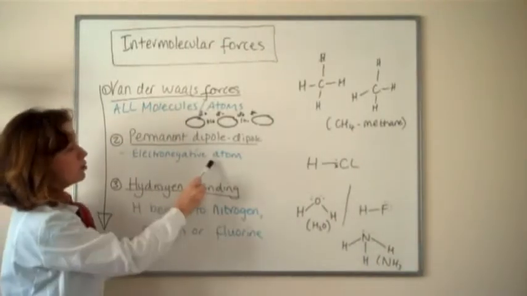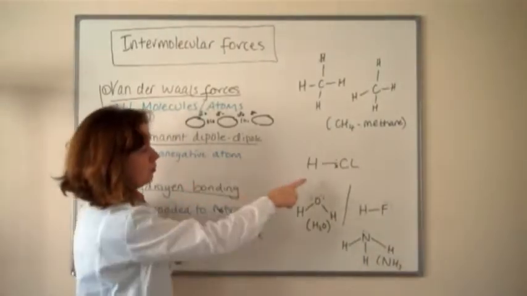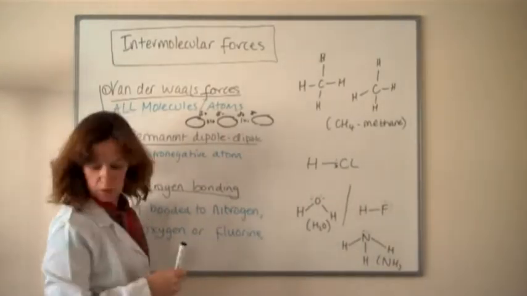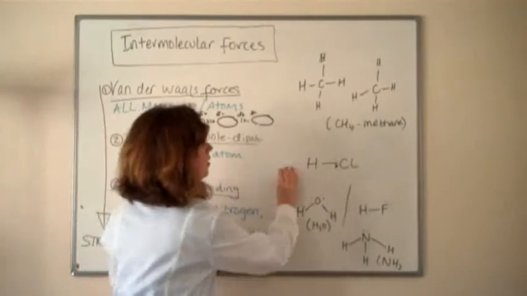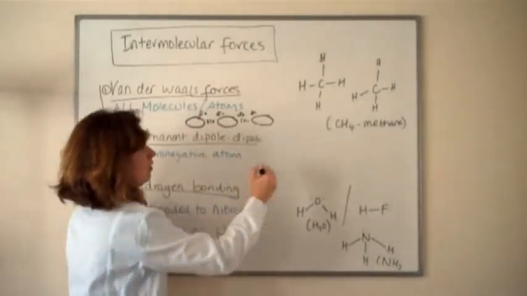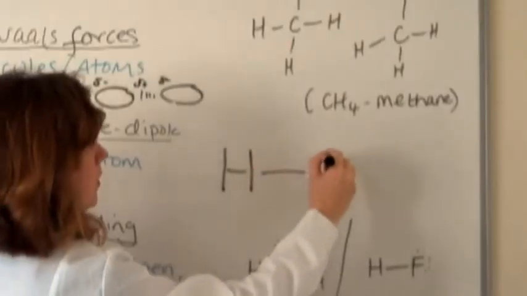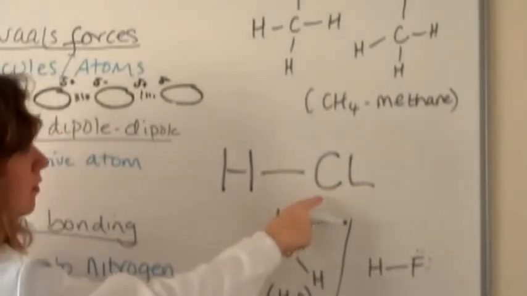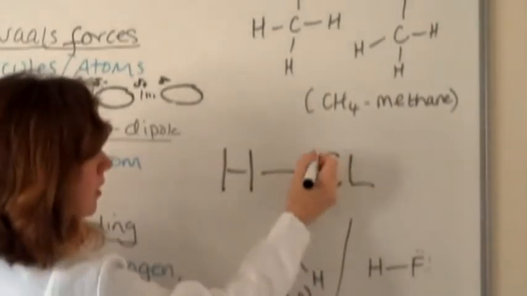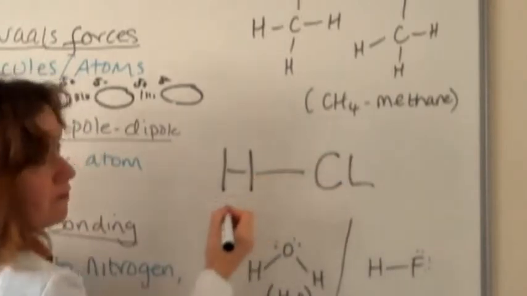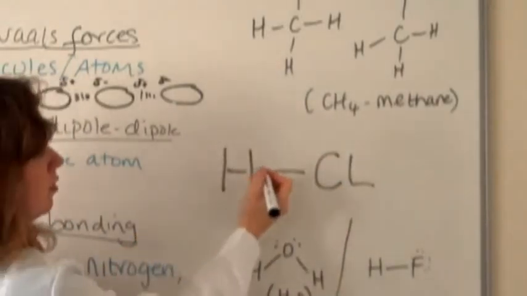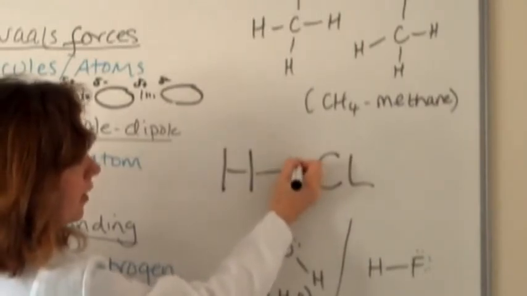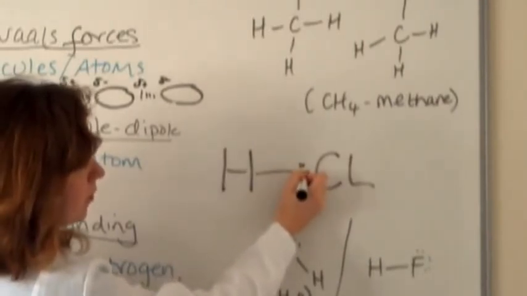Whereas with permanent dipole-dipole, as I said before, a great example is HCl. I'll draw it up here again. Permanent dipole-dipole. You've got to have an atom which is more electronegative than the other. Chlorine is. Remember your definition of electronegativity, the relative attraction that an atom has for the bonding electron pair in that covalent bond.